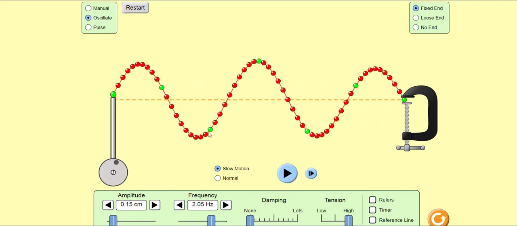And notice that this particle is separated from this one by 1, 2, 3 nodes. So if particles are separated by an odd number of nodes, that means that they'll be pi out of phase. And this is assuming that we're not talking about the particles at the nodes, and so we're talking here about the particles that are actually moving in a loop.